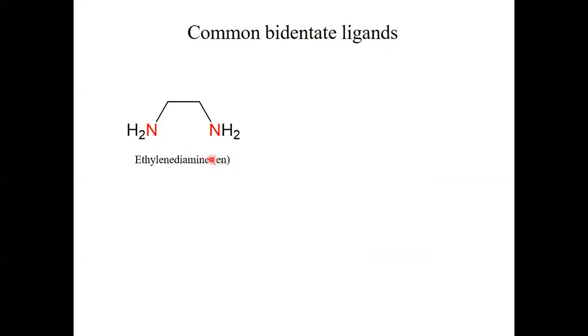In this case, we have two NH2 groups with two N donor atoms that are bridged by an ethylene group. So what else do we have? Another common bidentate ligand is the oxalate ligand.